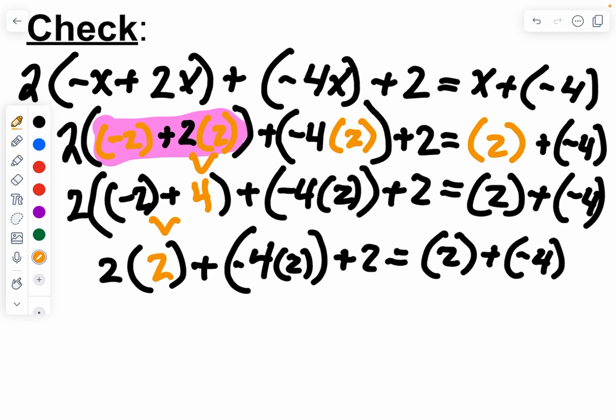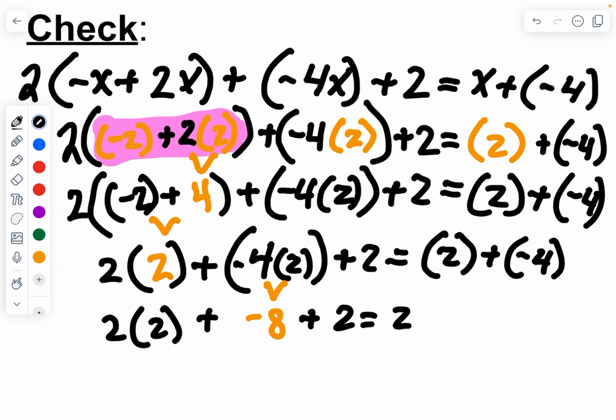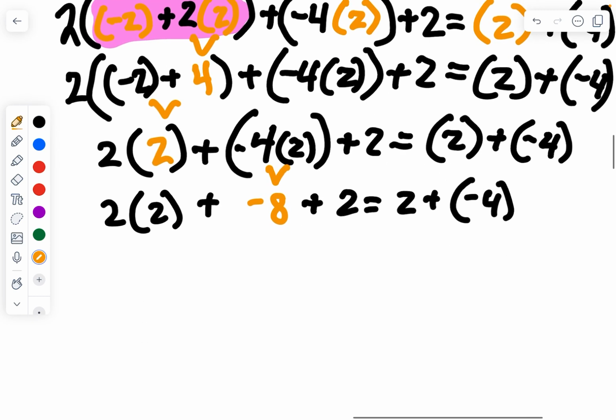Now what I'm going to do is I'm going to look at this parenthesis because there's actually things going on inside that large parenthesis. So we're going to do this one first. We're going to multiply.